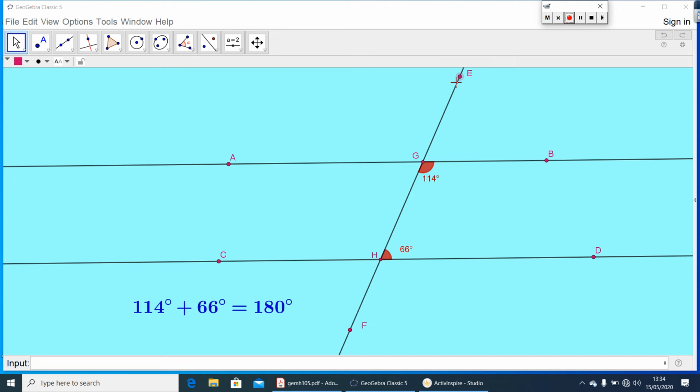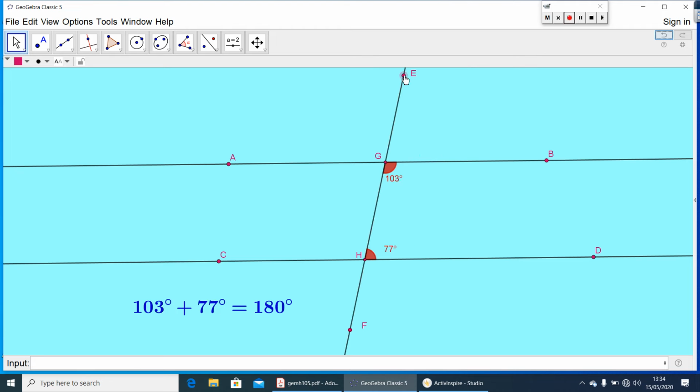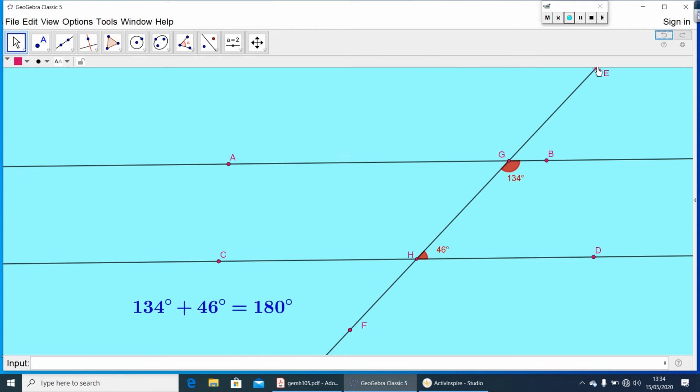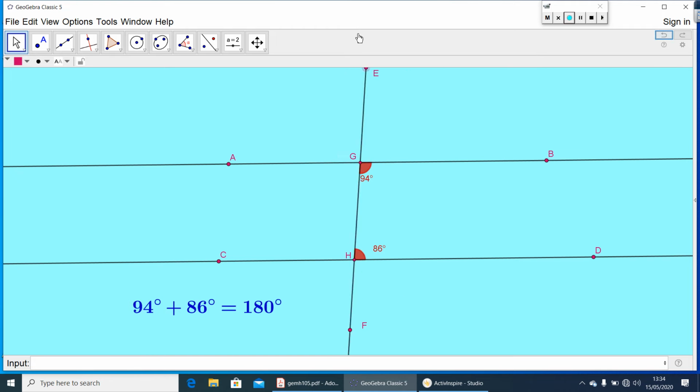Now let me change the position. 102 degree plus 101 degree plus 79, again you are getting 180. 89 plus 91, again you are getting 180. In all the case, sum of these two angles, you will get a 180 degree.